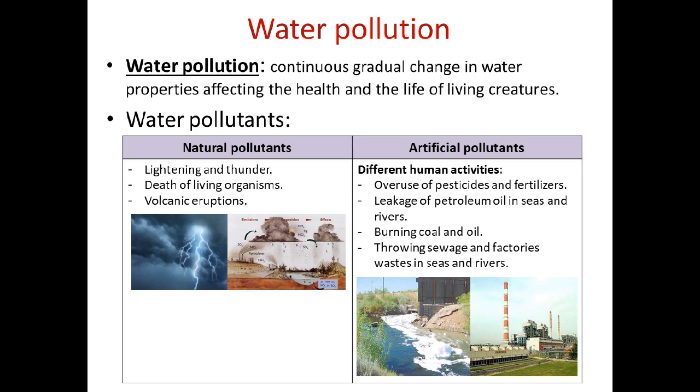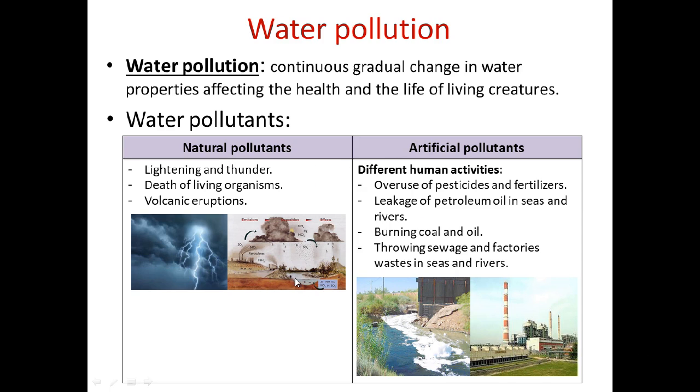So, water pollution is the continuous gradual change in water properties affecting the health and life of all living creatures. Water pollutants are some substances which cause water pollution, and we classified them into natural and artificial.